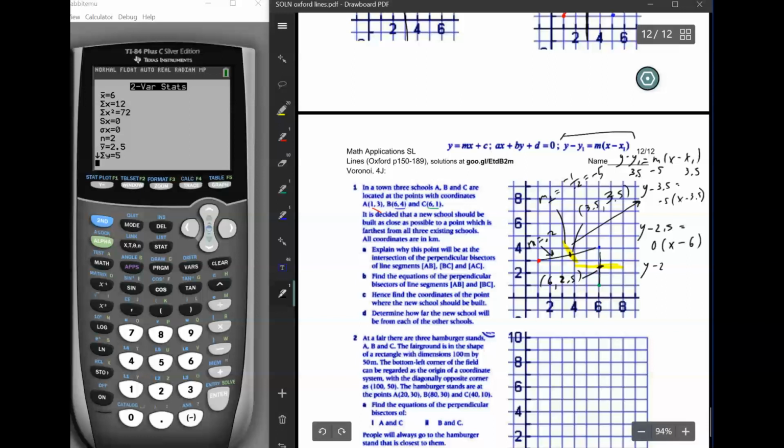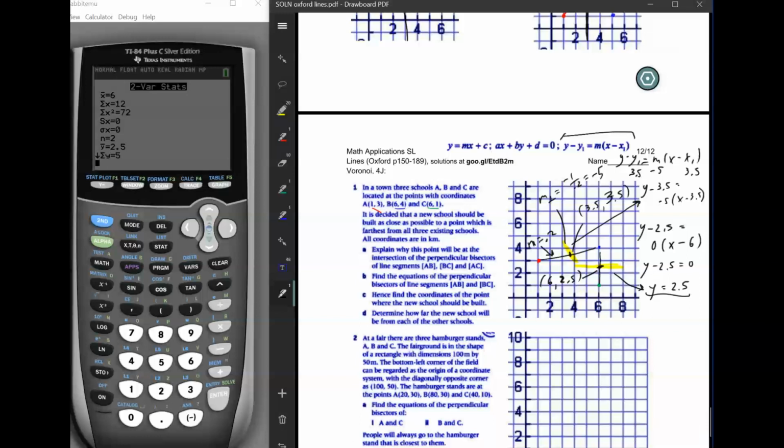So then I get y minus 2.5 equals 0, and then the equation of the second yellow line would be y equals 2.5, which should look familiar. It is the equation of a horizontal line. So that is my second Voronoi border equation.